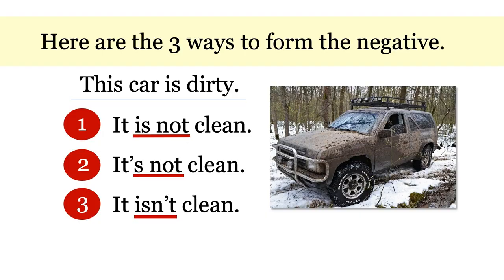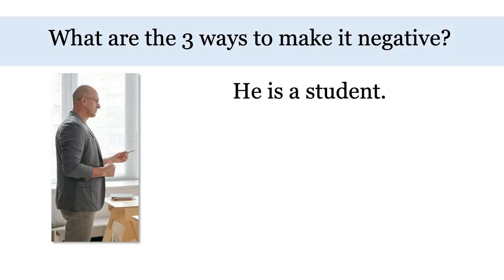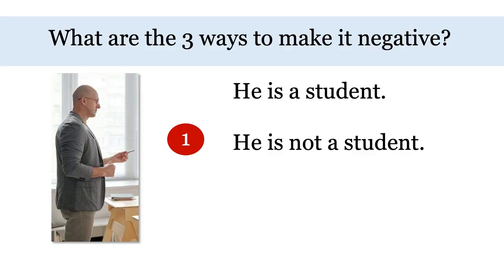You try. What are the 3 ways to make it negative? The sentence is, he is a student. But no, he is a teacher. So how do we make this negative? The first way is just add not. Where does not go? He is not a student.